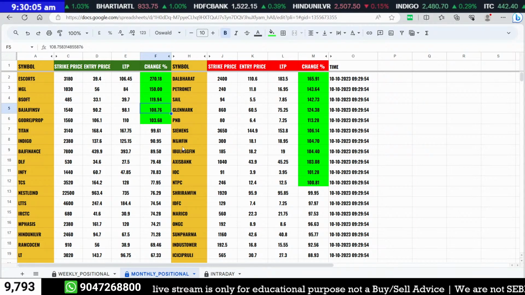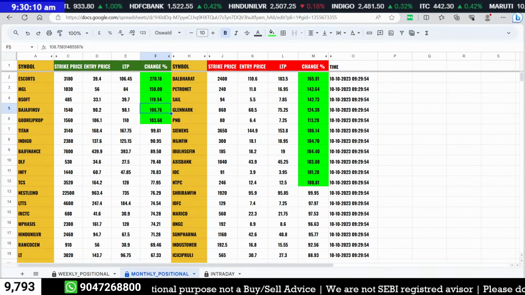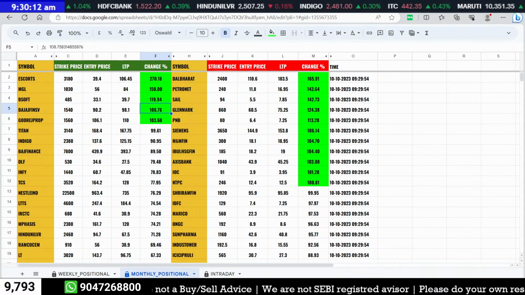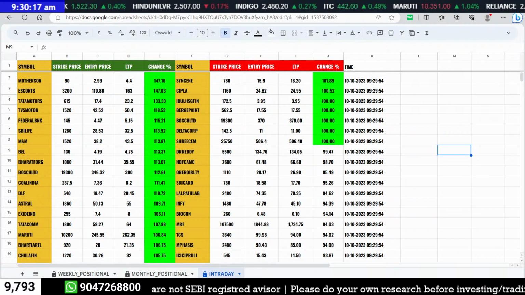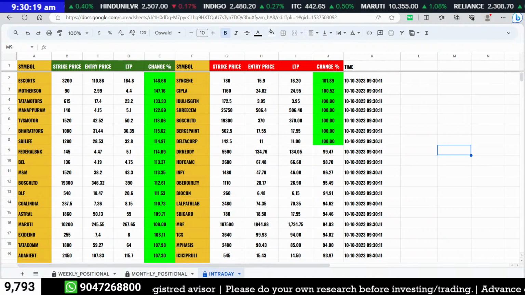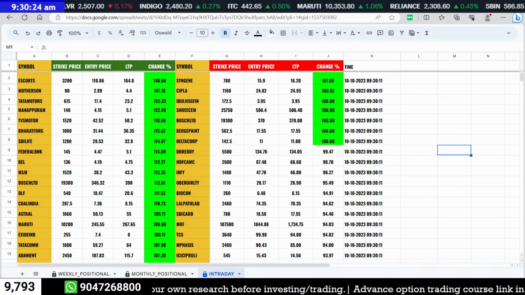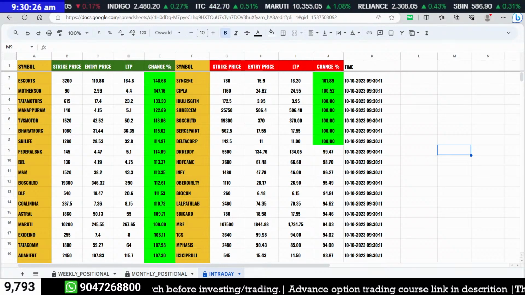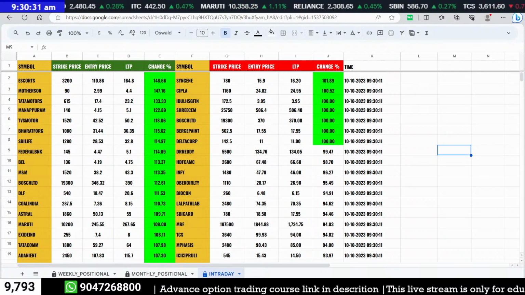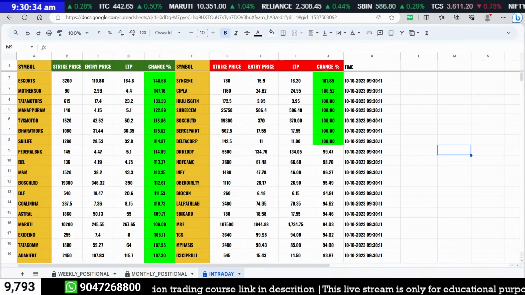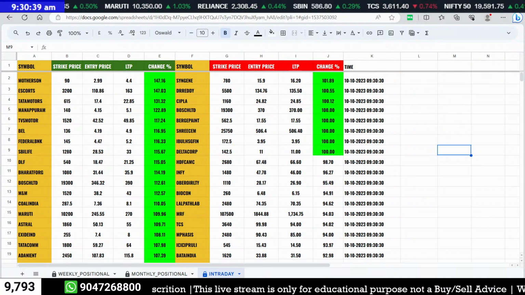On DLF, Indigo, Titan, those are stocks which are nearing. The Motherson Sumi is in the top.